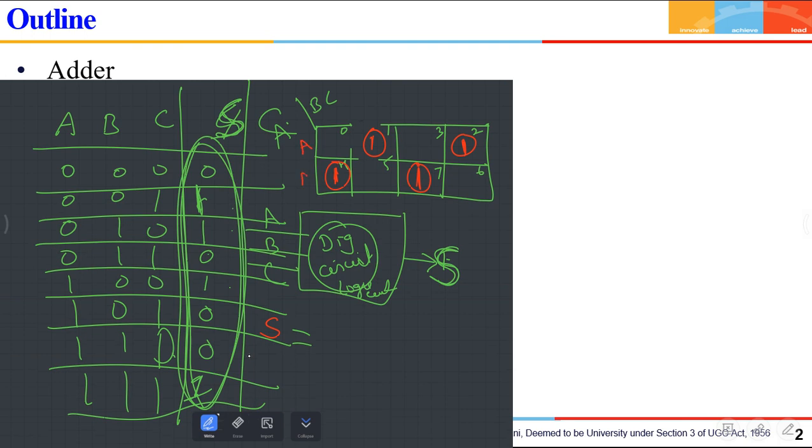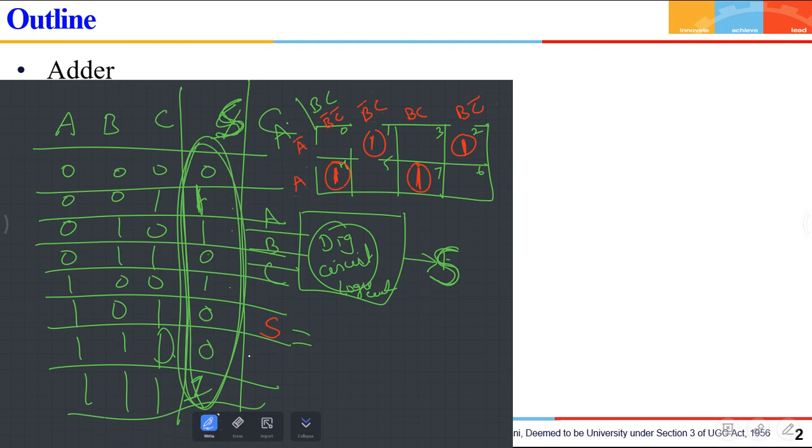This is your A bar, this is B bar C bar, this is B C bar, B C, B bar C. This should be B bar C, BC, and this is BC bar. Now, can you tell me what is the expression for sum?